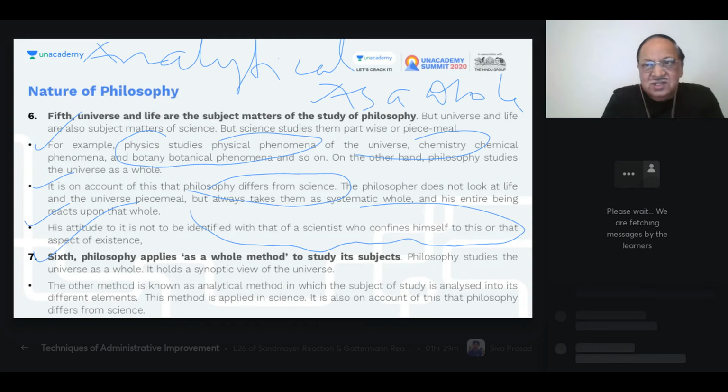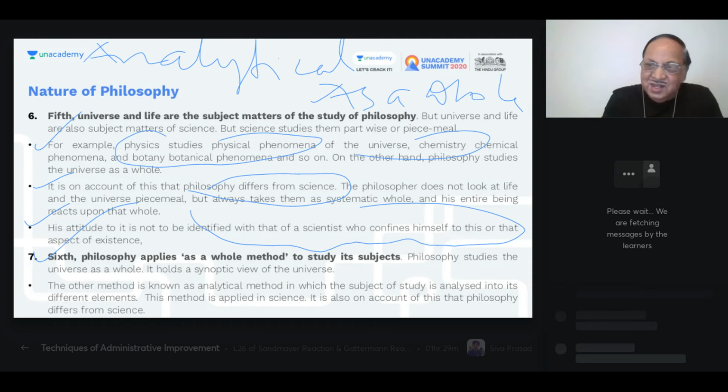This method is applied by science, because you find that science studies objects by analyzing them into their different elements in the laboratory. So it applies the analytical method. But the other method, the whole method, is applied by philosophy.